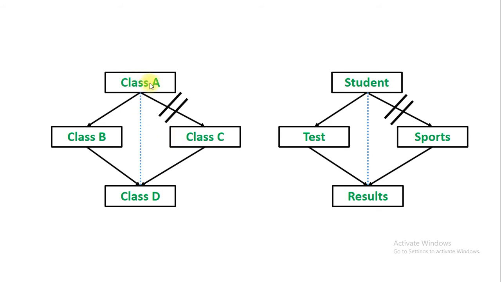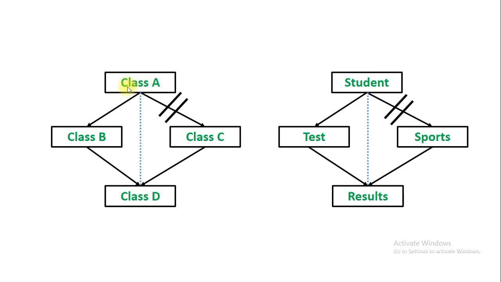Let me repeat the case once again. Over here, class A can be considered the grandfather class, B and C the father and mother classes, and class D the child class. When you deliver the amount or property to class D, what happens?